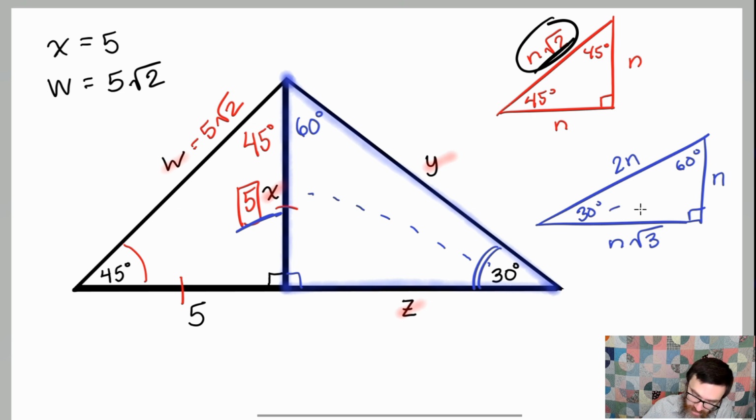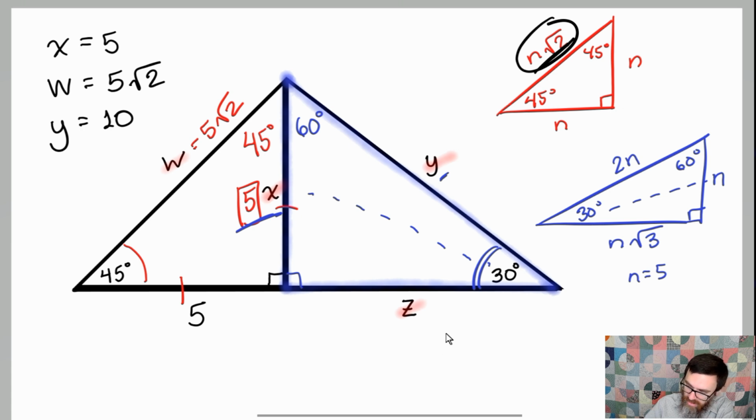And the side opposite 30 degrees is the n value from which the other sides are built. So in this shape, n is 5, which means my hypotenuse, y, is supposed to be twice that, so twice 5 is going to give me 10.